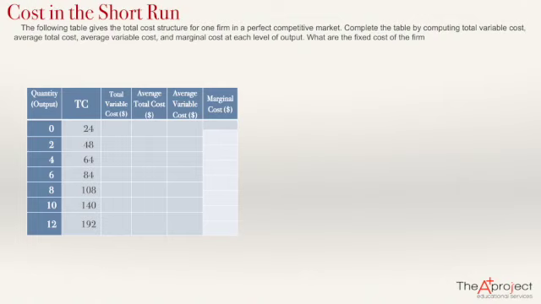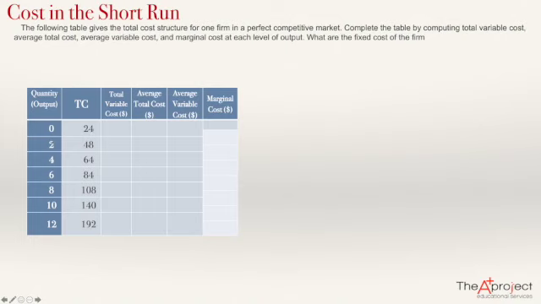So we have the schedule, and in this schedule we have the quantity produced and the total cost. So we have actually the total cost function that, as I told you, depends on the quantity. When the quantity produced is 0, we have a total cost of 24.